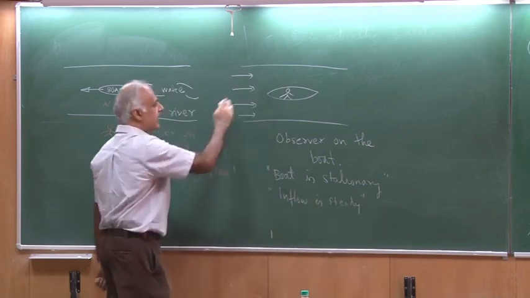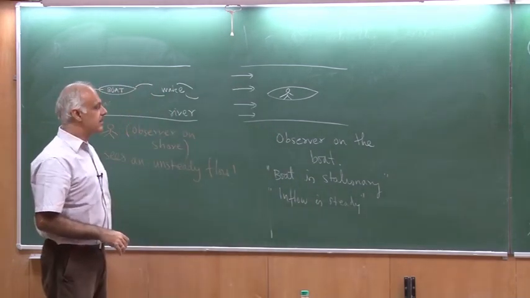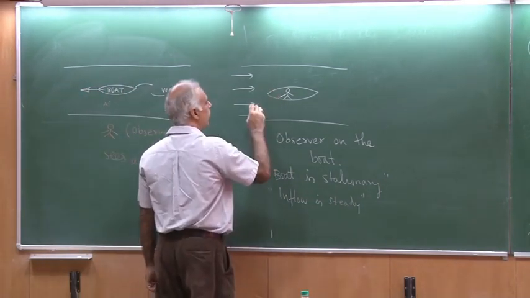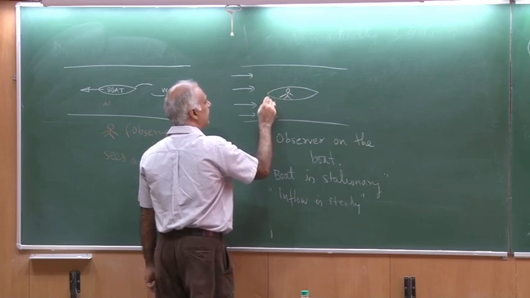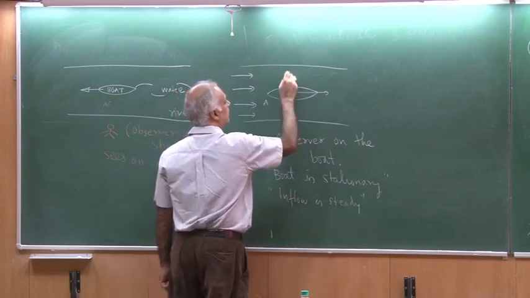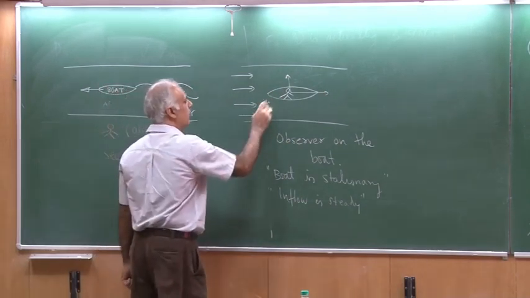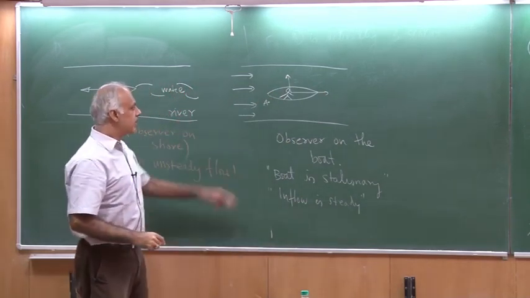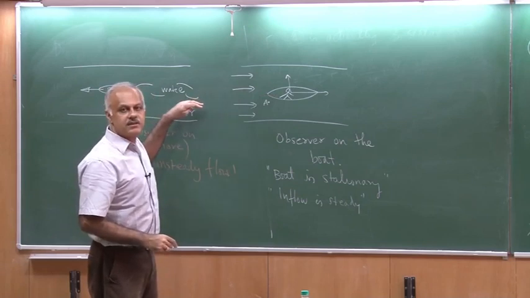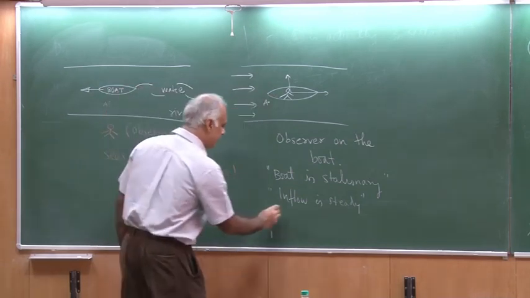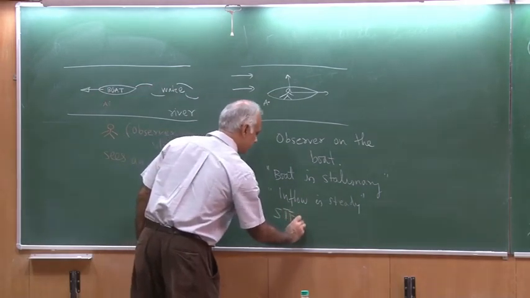So, there is a flow that comes onto the boat, and this observer, from his point of view, looks at a point A which is attached to his frame of reference. So, the coordinate of this point is fixed because it is moving with the boat. So, he sees that nothing changes here. So, this would lead to a steady flow.